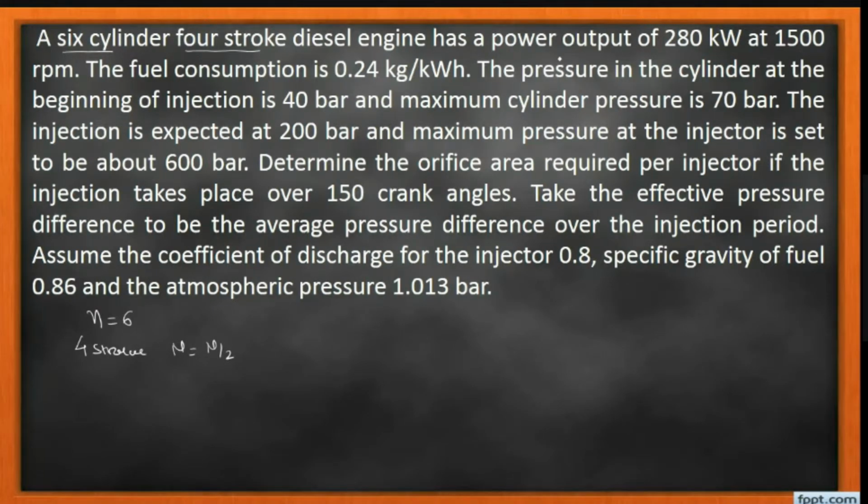The diesel engine has a power output of 280 kilowatt. So the brake horsepower, or we can say the brake power, is 280 kilowatt at 1500 rpm. So the engine rpm is 1500 rpm.